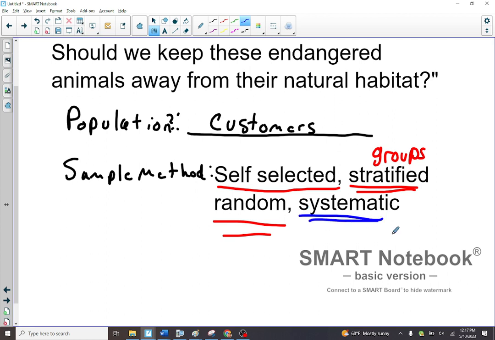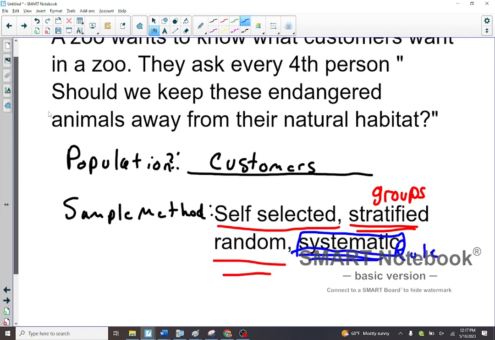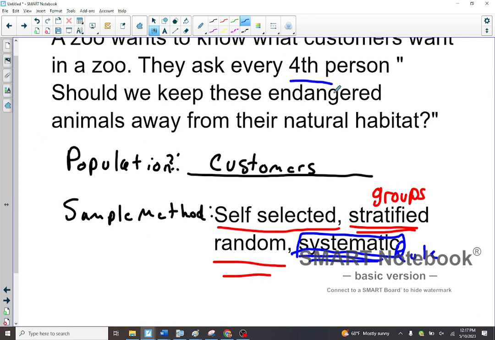And then systematic, there's a rule that's involved with it. So the rule could be, I'm going to ask every third guy that passed by, or I'm going to ask everyone whose last name starts with G, something like that. That's a systematic rule. So in this case, because they're asking every fourth person, that is a rule that they follow.